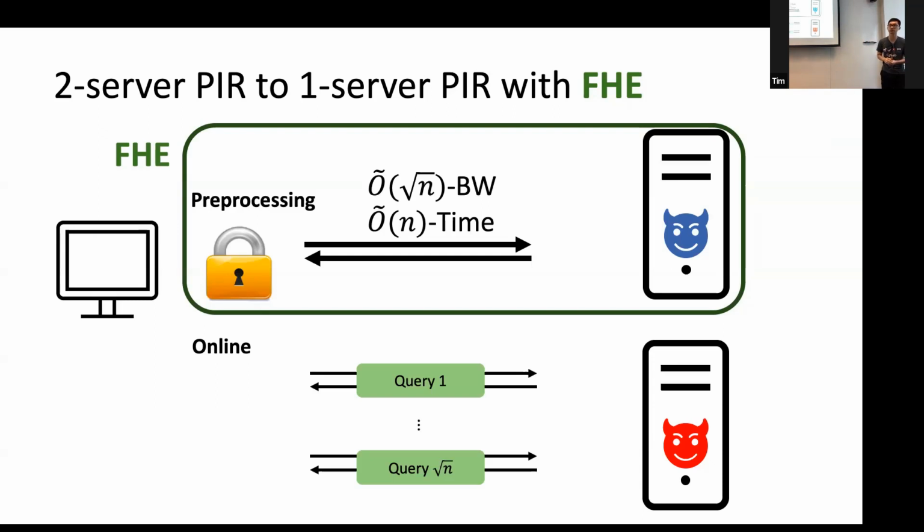So if we don't do preprocessing with the red server, for example, then during the online phase, isn't it just classical PIR? Not quite, because if you can download something... it's a very terrible idea, but this is just for explanation.